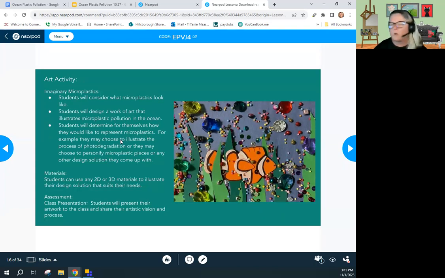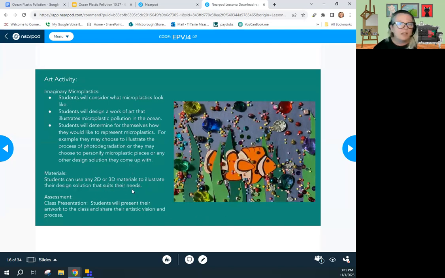Maybe you want to illustrate the process of photodegradation of a plastic object photodegrading, or maybe you want to do something a little diverse from that. Maybe you would like to personify a microplastic. And maybe you could even go further than that, put it in a comic. What would that microplastic say to a sea creature or to other microplastics in the ocean?